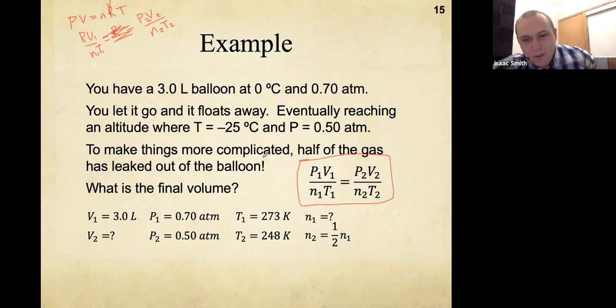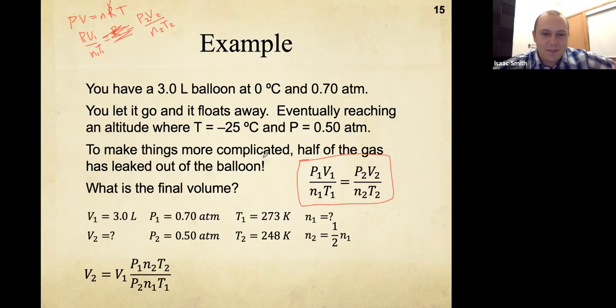So we can write out what we know and what we don't know, okay? And then you rearrange the problem to give you this right here. You're solving for V2.